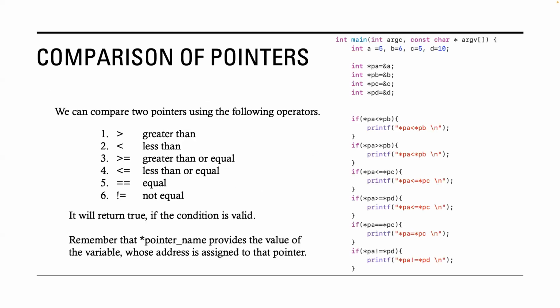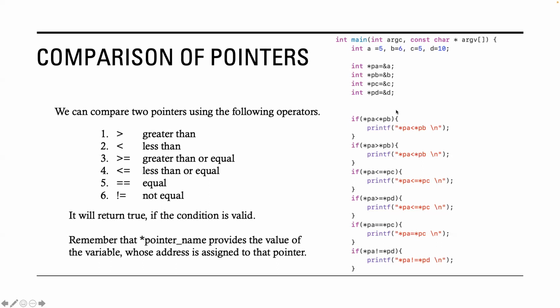In this code, we have several variables, and we store the addresses of these variables in these pointers, and then we retrieve the values using this star mark, and then we compare the values of these variables.